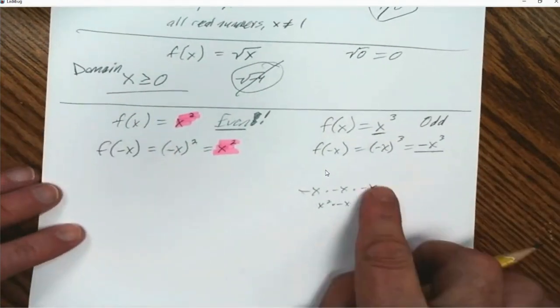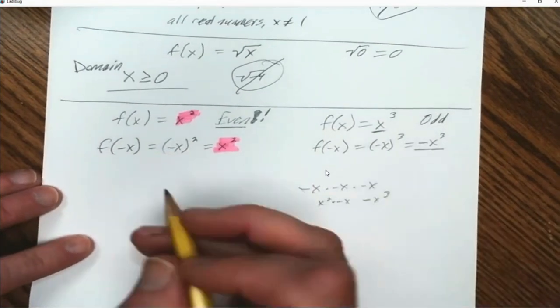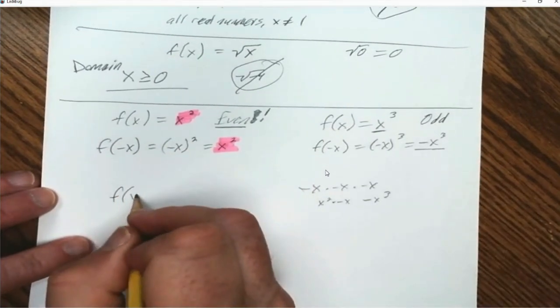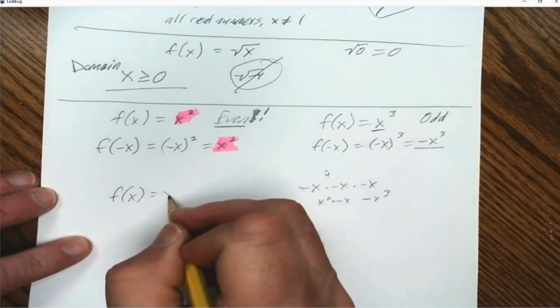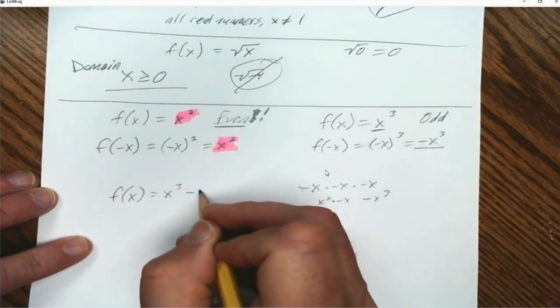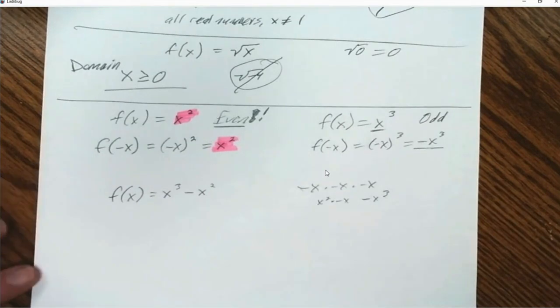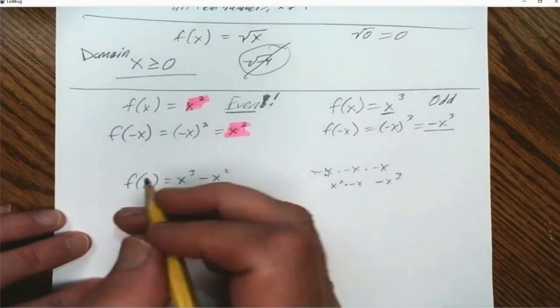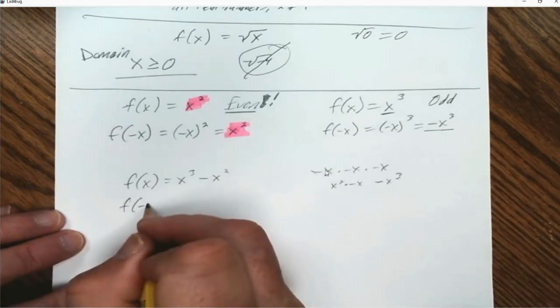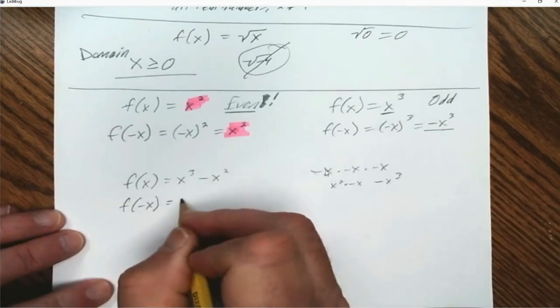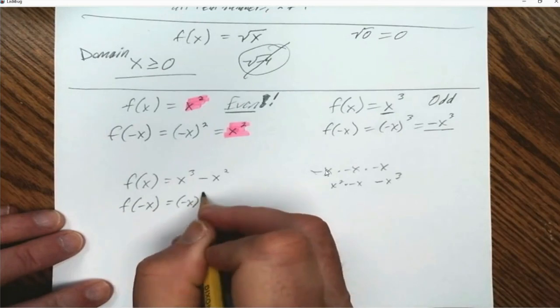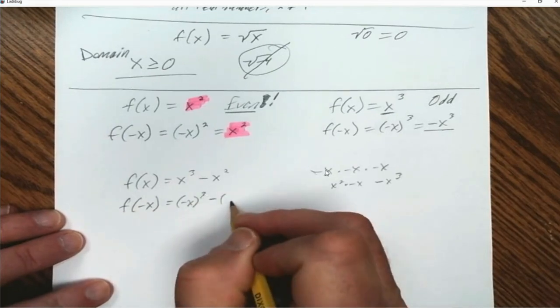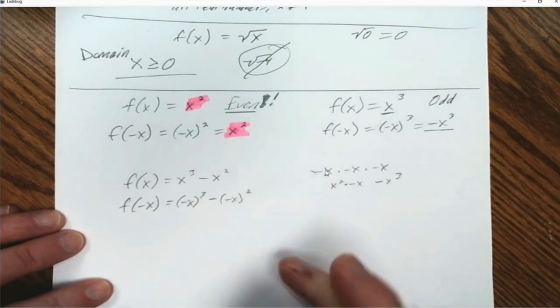Now you've got to be careful with that because if it's not so simple, let's say it's f of x equals x to the third minus x squared. And is this even or odd? Let's substitute negative x in. Negative x to the third power minus negative x squared.